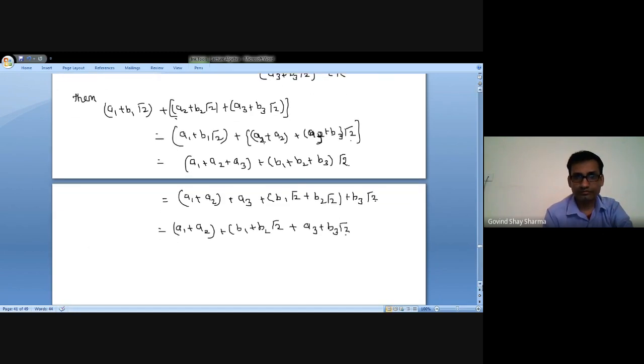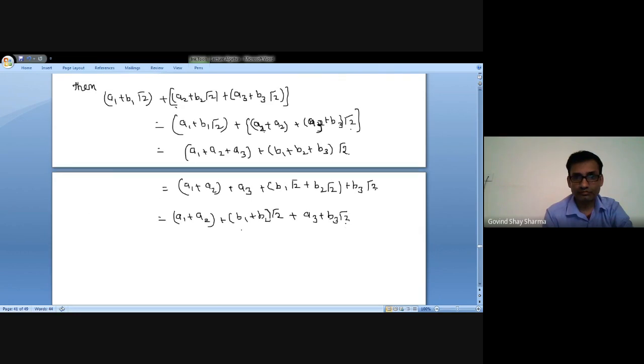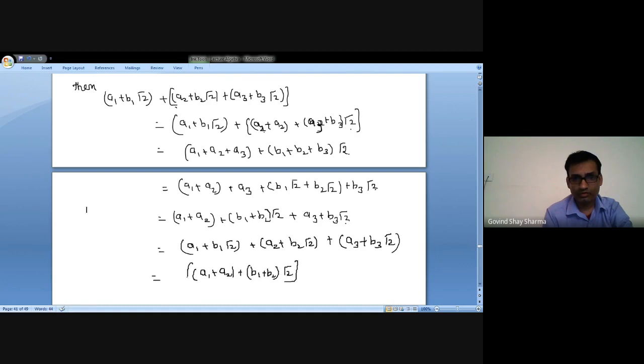Now A1 plus B1 root 2 plus A2 plus B2 root 2, then plus A3 plus B3 root 2, and easily we can write the same.